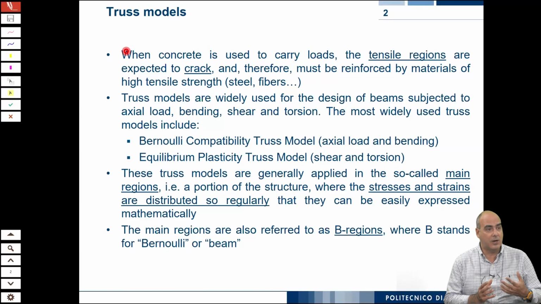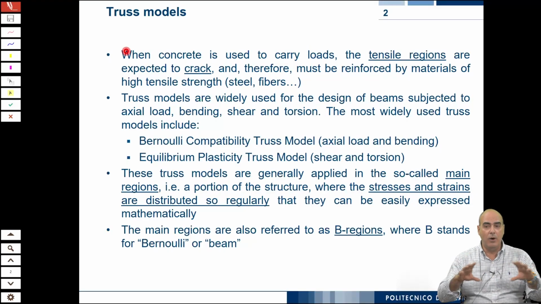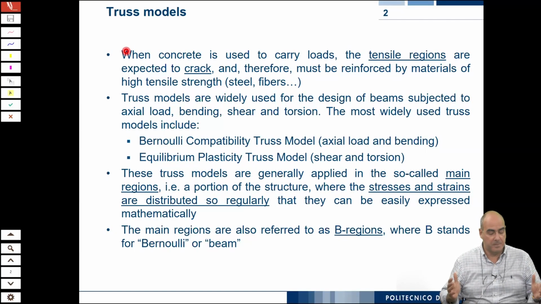When you have a cracked member, the cracks disrupt the continuity of your element. It's no longer an ideal homogeneous solid, but it's made by a compression zone, which is generally concrete, a tensile zone, which is the reinforcement, and they are connected by the solid parts of concrete between the cracks.